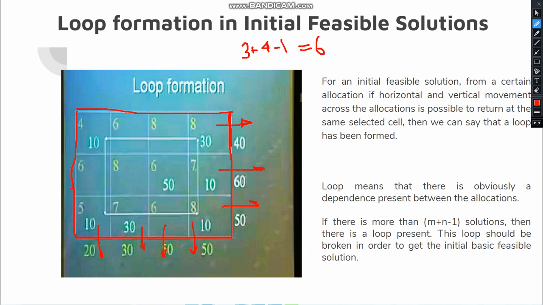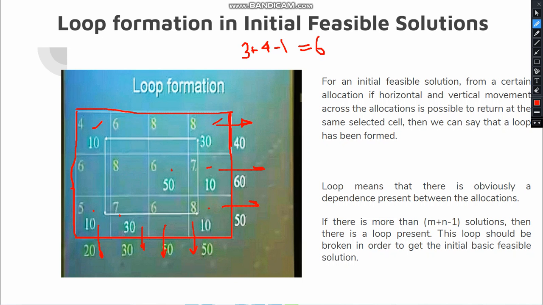Now see, what is the number of allocations? 1, 2, 3, 4, 5, 6, 7. Here we can see that there are 7 allocations. So it is more than the 6 allocations which was prescribed in the previous description.